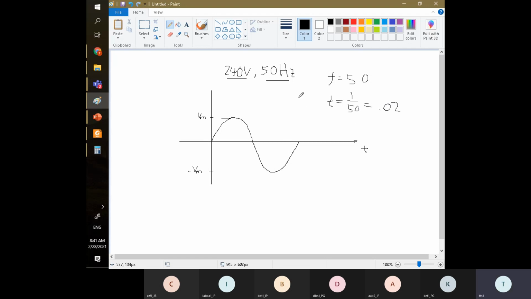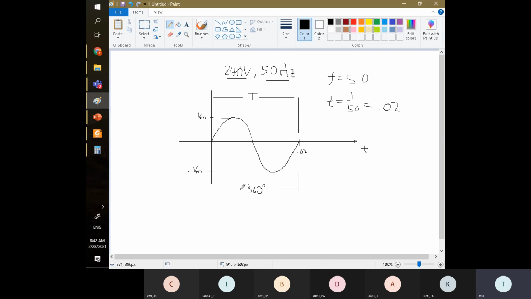Within one cycle or one period, the time is called the big T. Usually the symbol is T. So the big T for one cycle is 0.02 at this point. In one cycle, if you convert to degrees, the angle is 360. One cycle is 360 degrees.